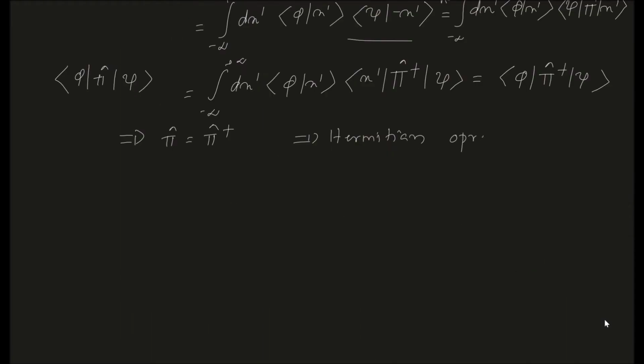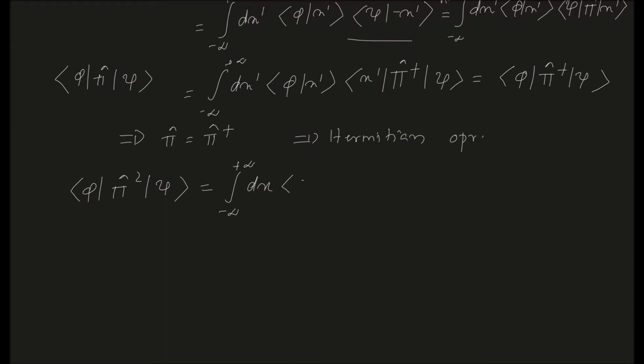So now let's consider the inner product of two arbitrary state vectors φ and ψ. Let's say ⟨φ|π²|ψ⟩. So we are considering the squaring of the parity operator. This can be written as an integral from minus infinity to plus infinity, like what we did with the previous case. We are going to introduce an identity operator in position representation.